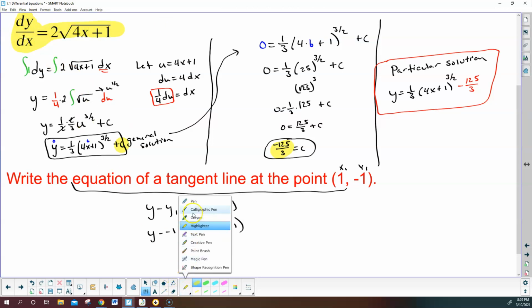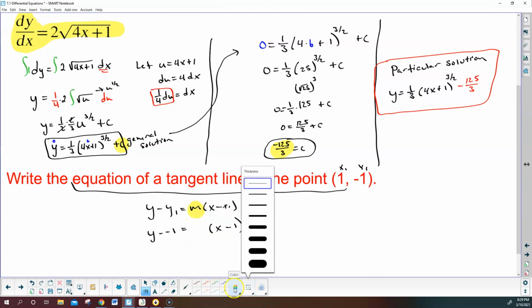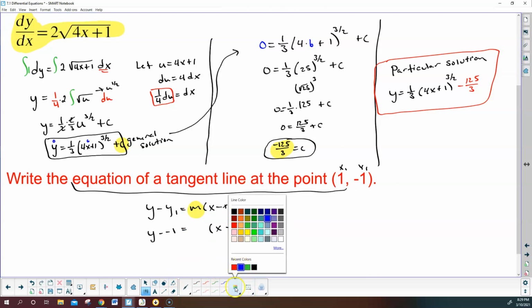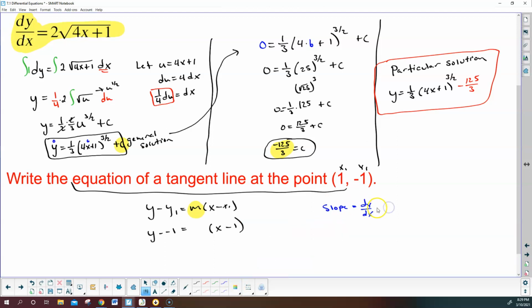So all I need to do is find that slope using the point that was given. Right? So my slope, which is equal to dy/dx, plugged into the value when x is 1 and y is -1. So I'm going to take the equation 2 times the square root of 4x plus 1.